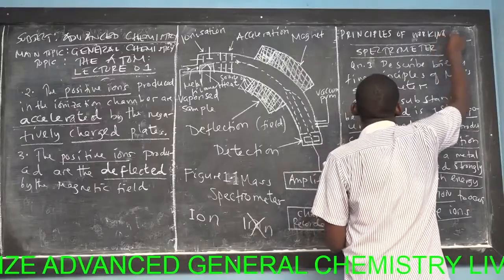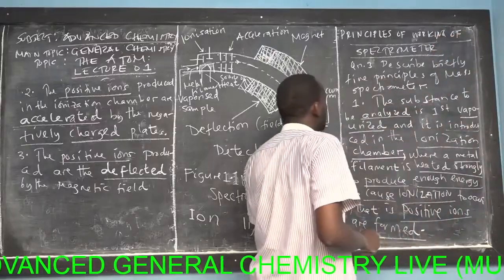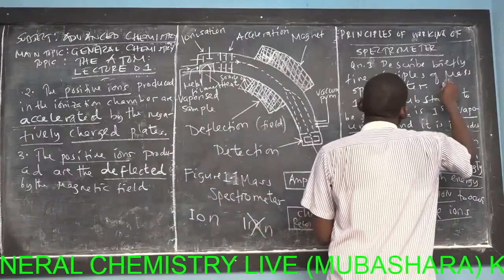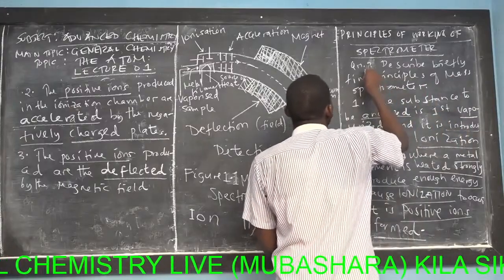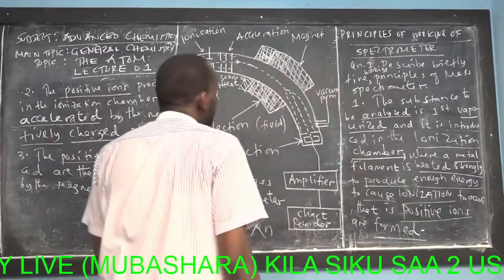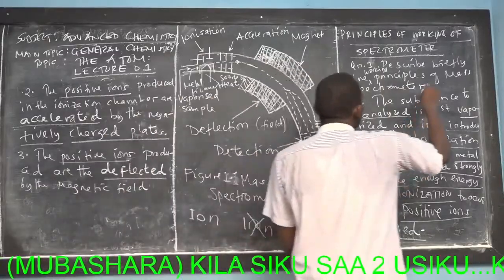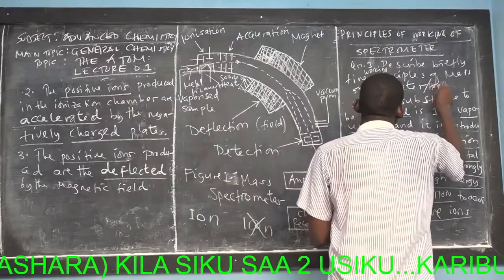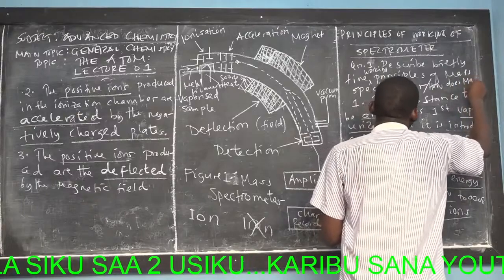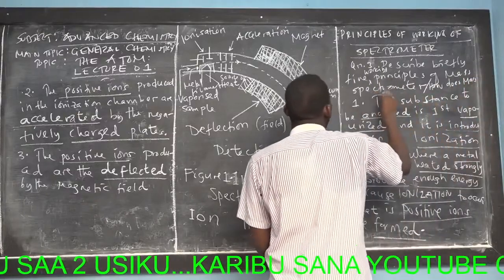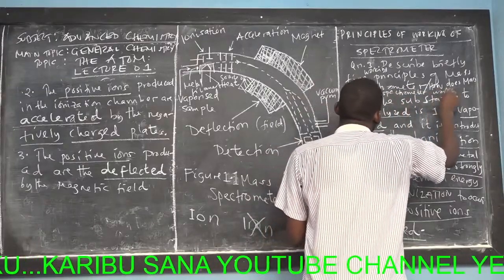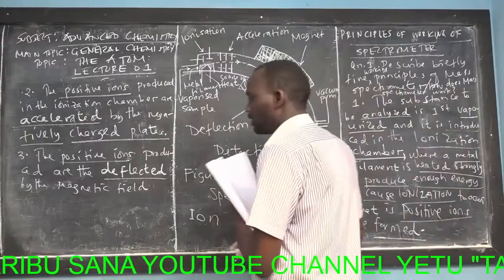Describe briefly the 5 working principles of a mass spectrometer. Or sometimes in some books the question is: how does a mass spectrometer work? Explain how a mass spectrometer works. So this is the description.